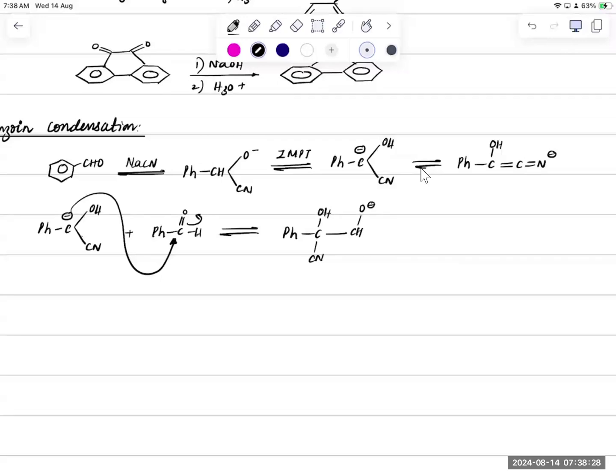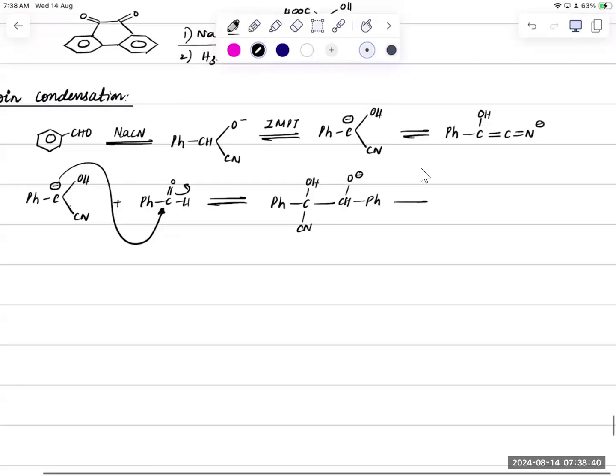Again, hydrogen will move from this oxygen. Cyanide will be here, CH-OH will be here, and phenyl. This will close to remove the CN minus, so from there we will get C=O, CH-OH, and phenyl.